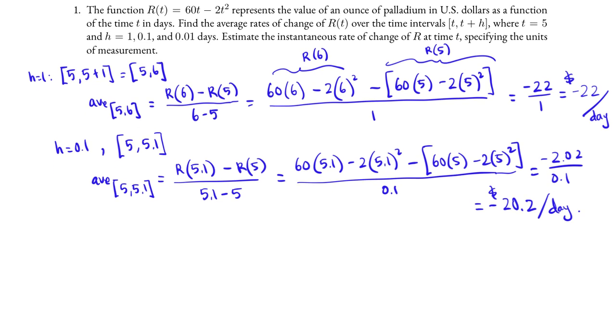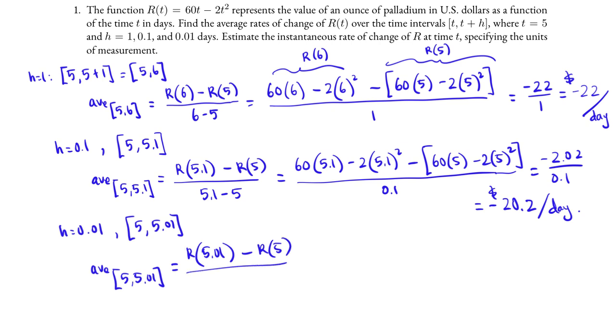Lastly, for the average rate of change when h equals 0.01, the interval we will work with is 5, 5.01. And so the average over the interval 5, 5.01 is r of 5.01 minus r of 5 over 5.01 minus 5. Before we use a calculator, we should write down the expression first, which is 60 times 5.01 minus 2 times 5.01 squared.